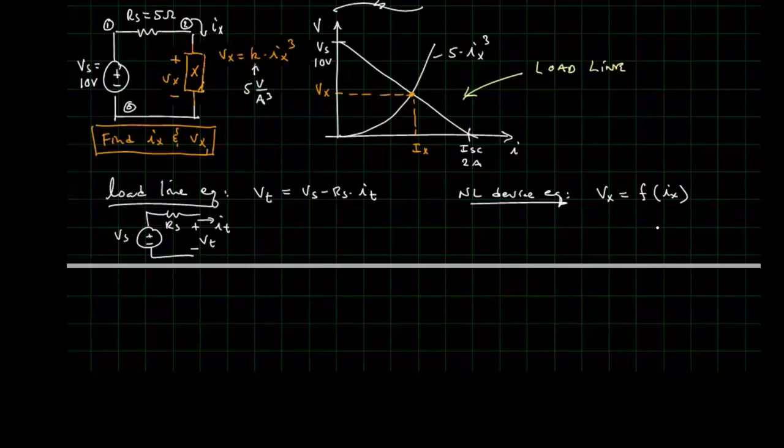So the solution will be Vt as a function of Ix will be equal to Vx as a function of Ix, which is equal to this f of Ix. Then we will solve for Vx, for Ix.